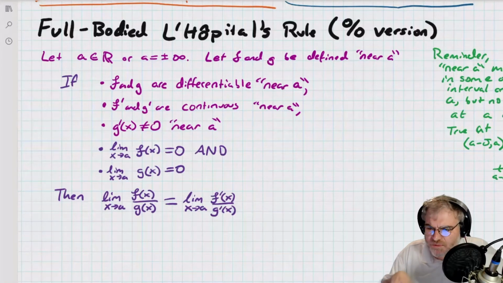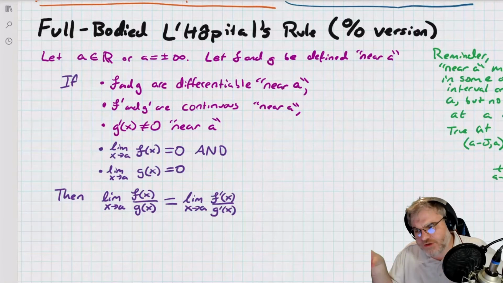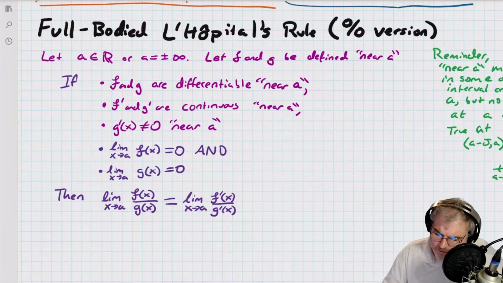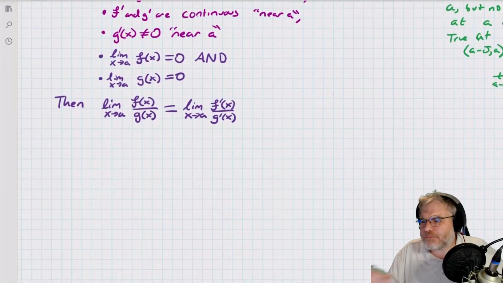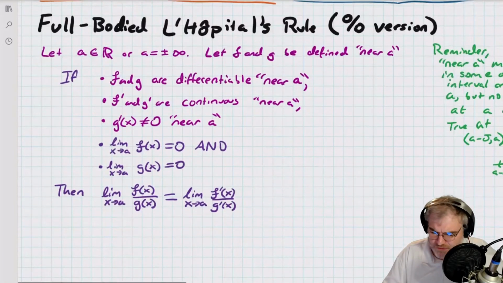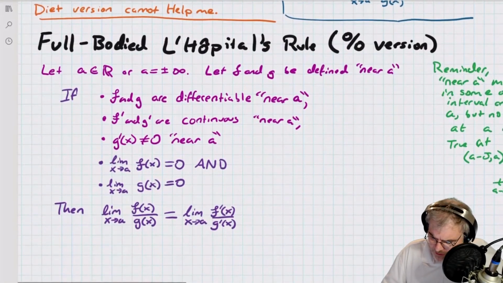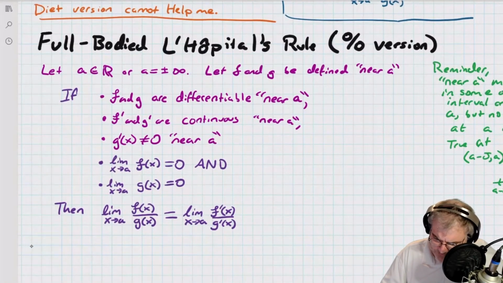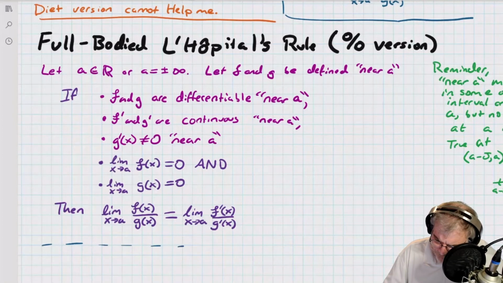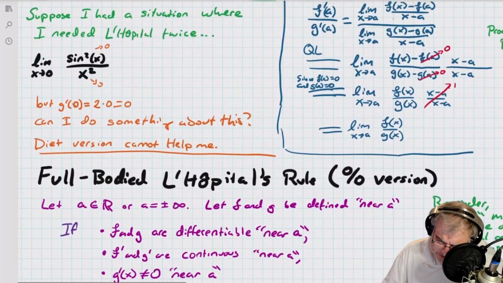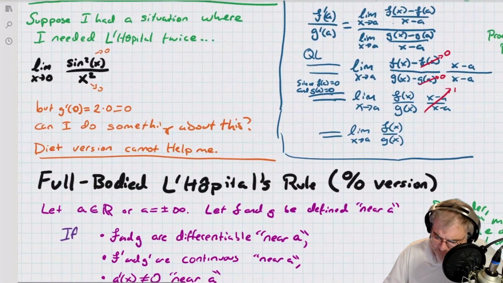Now, the intuition for the proof is like this. I'm not going to do the full proof. Matter of fact, let's apply it first, and then I'll talk about the intuition of the proof. Okay? So let's do this first. Let's have a little fun with this. So let's go back to our example. Our example was sine squared x over x squared.